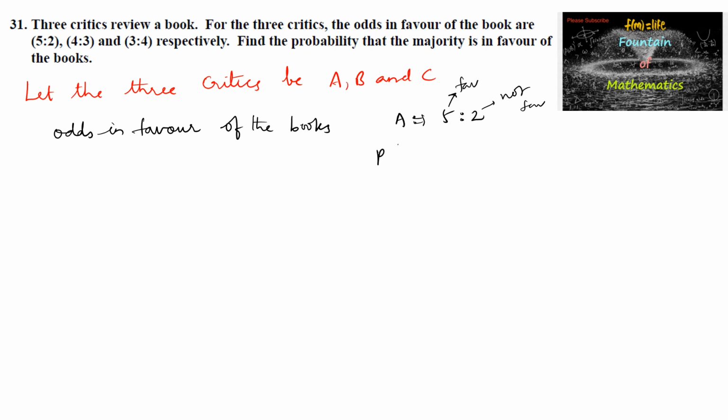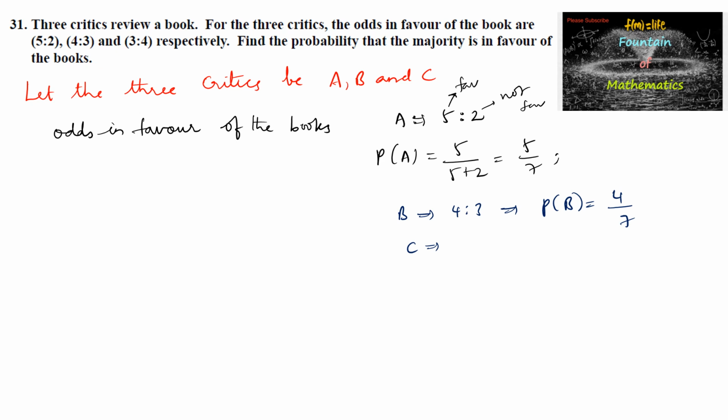So we can write probability of an event A is equal to 5 divided by 5 plus 2, that is 5 by 7. Similarly, for B it is given 4 is to 3, which implies probability of event B is equal to 4 divided by 4 plus 3, that is 4 by 7.